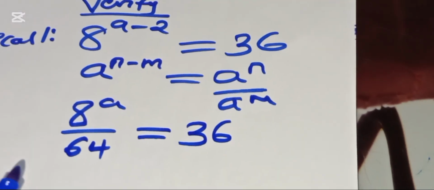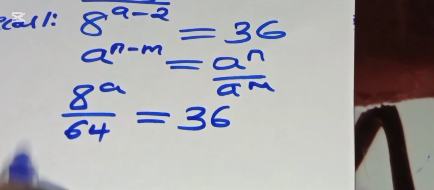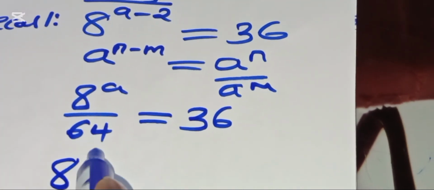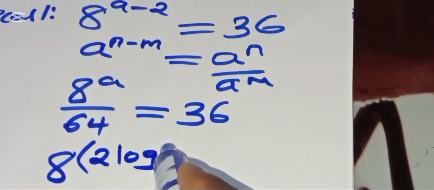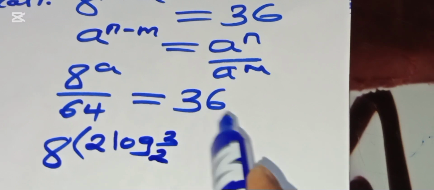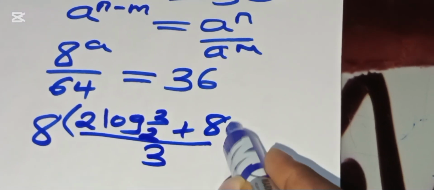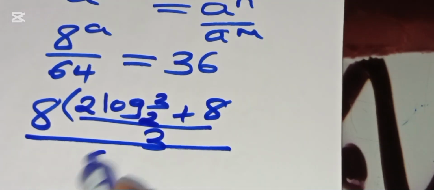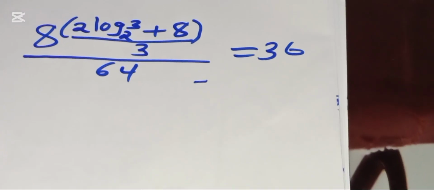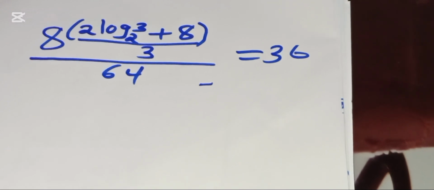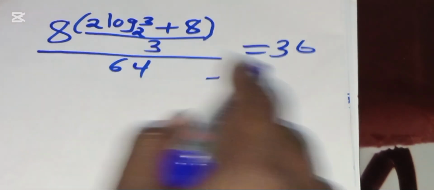Now let's substitute the value of A in this equation. We'll have 8 raised to power, now the value of A, 2 log 3 to base 2 plus 8 divided by 3, all of this divided by 64.